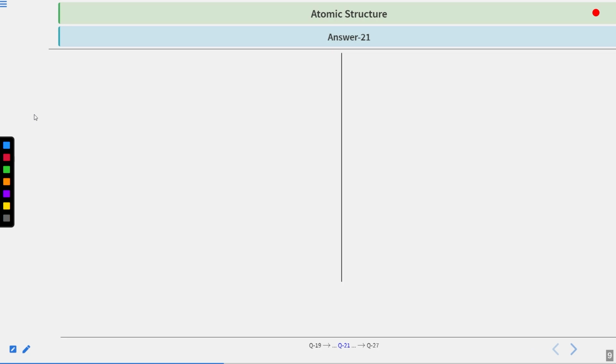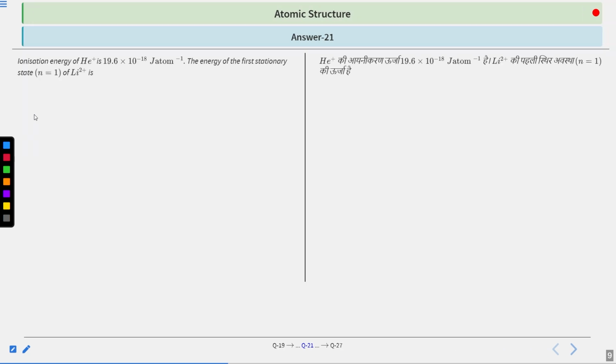Let us see the solution. The question says that the ionization energy of helium plus is given. As I mentioned earlier, it is basically the energy which is required to remove one electron, to transit helium plus to helium 2 plus of one atom.